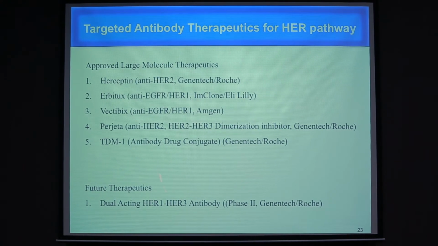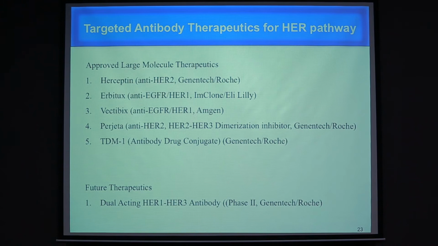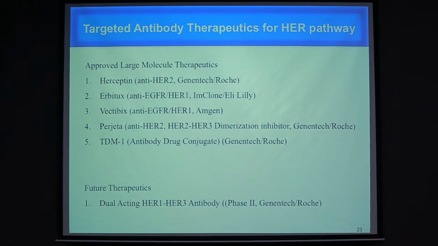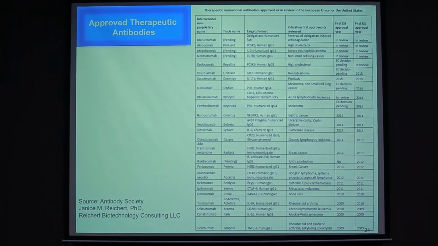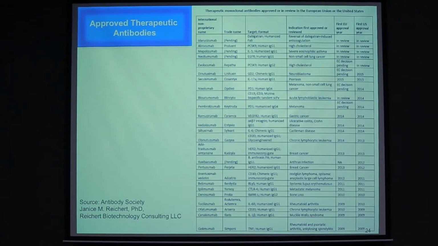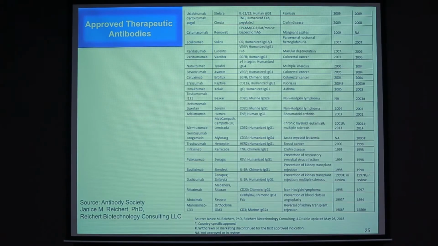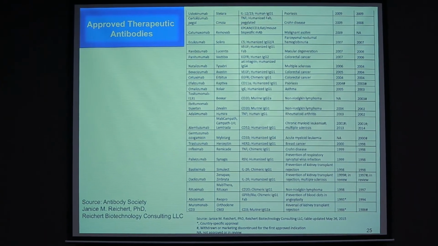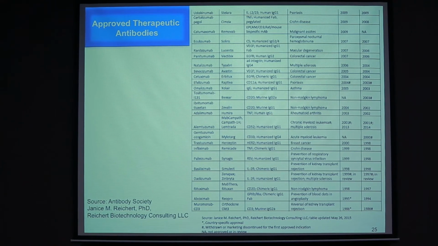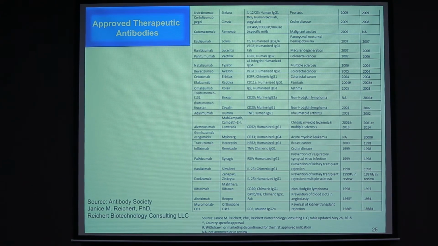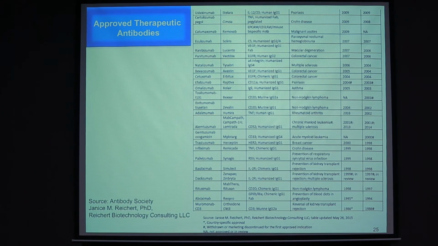There is another one from Genentech, a HER1/HER3 antibody, dual acting. The same antibody binds two different proteins, that's called dual acting. These are all the approved drugs pretty much, listed, and that's not the only table. These are all antibodies by the way, and you can get it from that source that I listed there. But again, the principles and rules are pretty much the same.